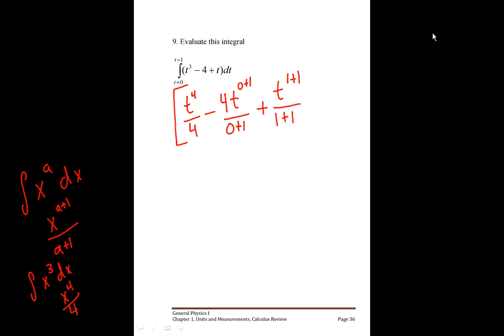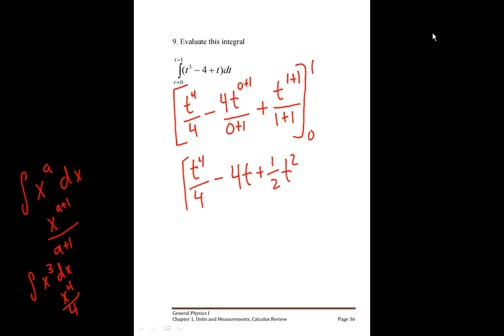And then I'm going to evaluate this from 0 to 1. I just wrote out the terms here, but I'm going to simplify it a little bit: t to the 4th over 4 minus 4t plus 1/2 t squared.